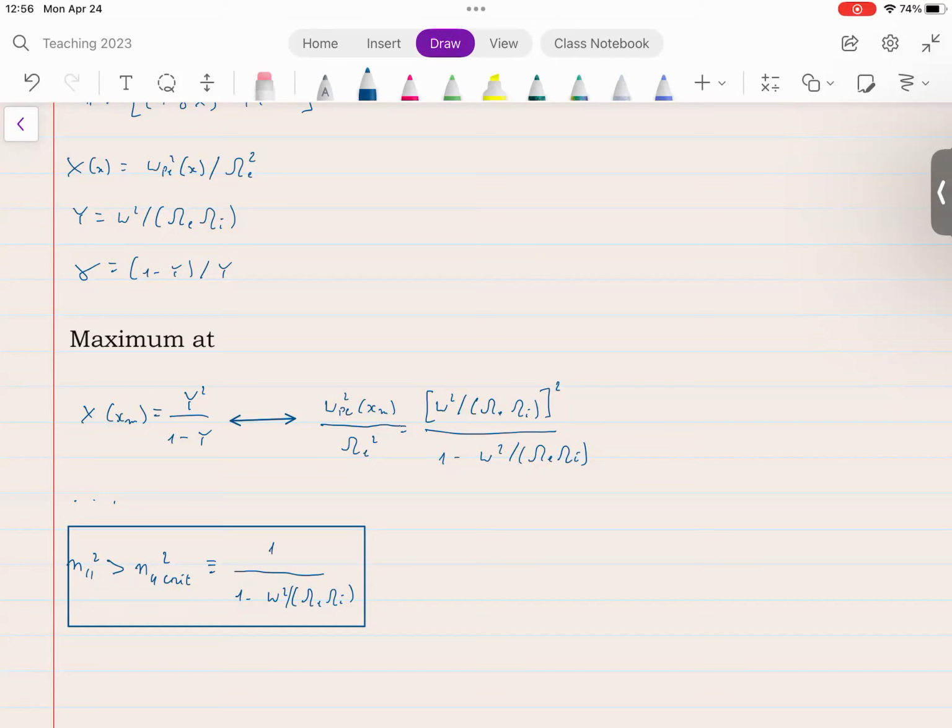From this equation, I should have mentioned omega e and omega I are absolute values. You've noticed that I had signs in an earlier expression. And n parallel is larger than 1.